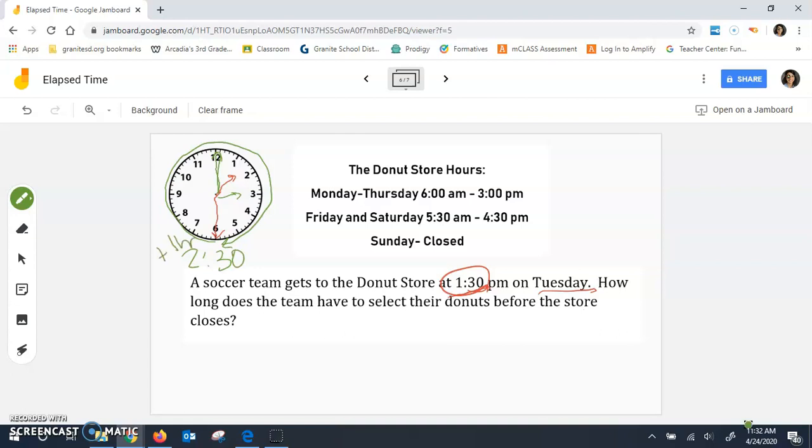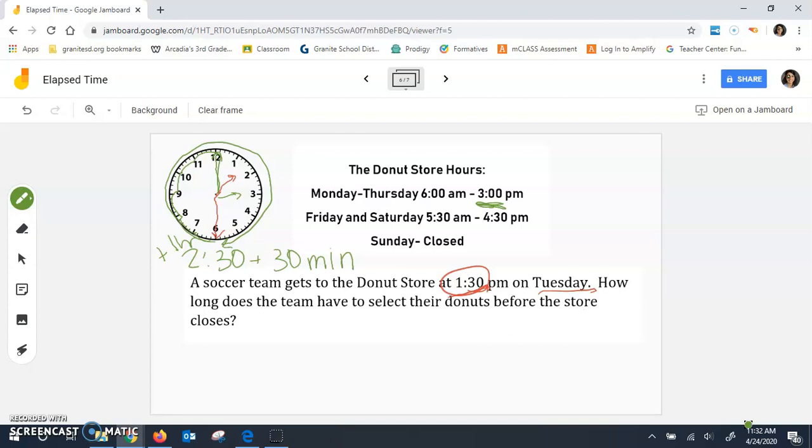And then we can't go a whole other hour because that would be 3:30 and we've passed the time there. So I'm just going to go to 3 o'clock from 2:30 and count by fives. 5, 10, 15, 20, 25, 30. 30 extra minutes. So plus 30 minutes gets us to 3 o'clock.